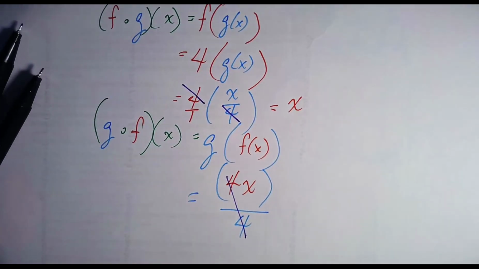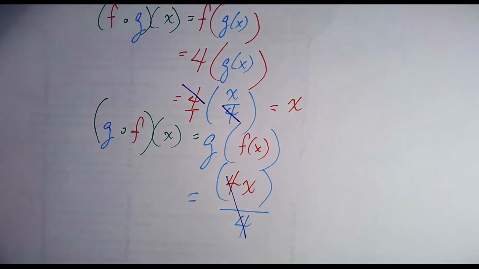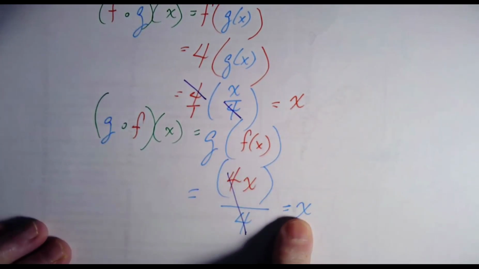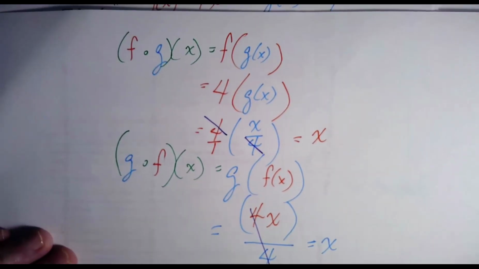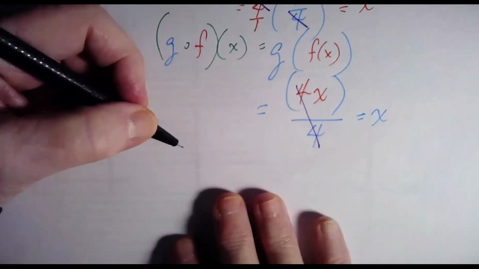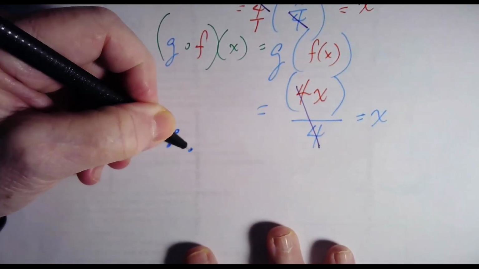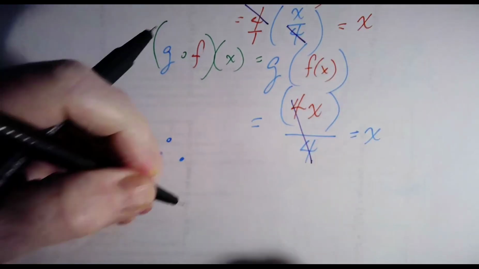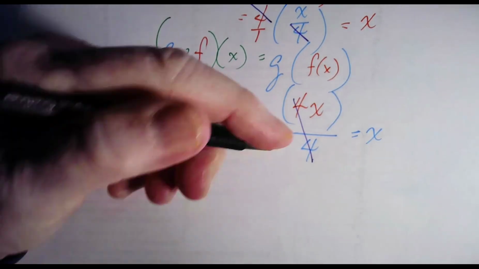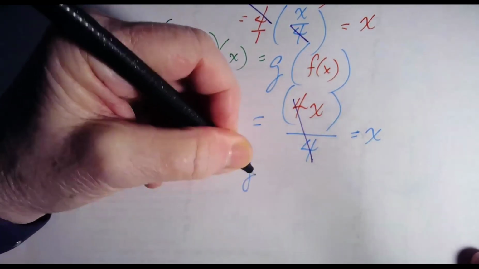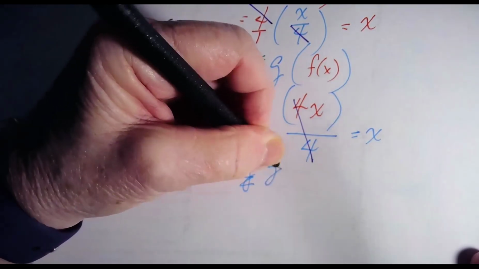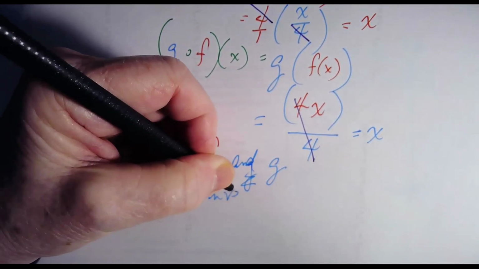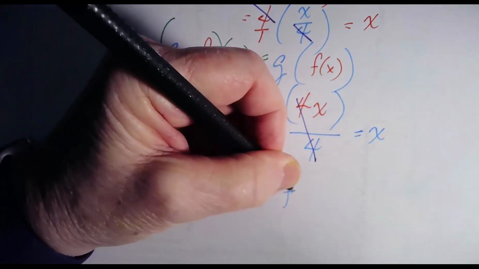And what do we get? x. Both times. So we just proved, so therefore, f and g are inverses. Inverse functions.